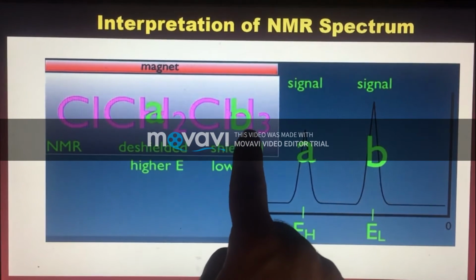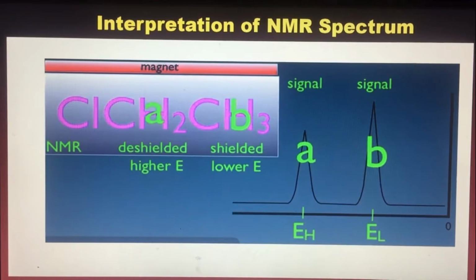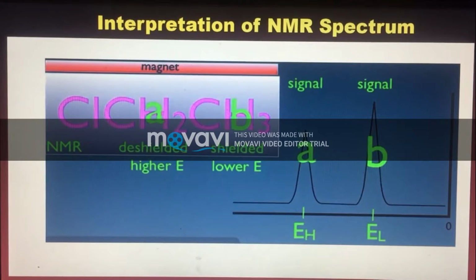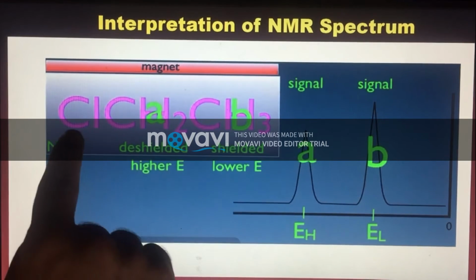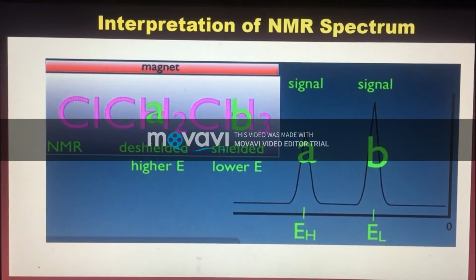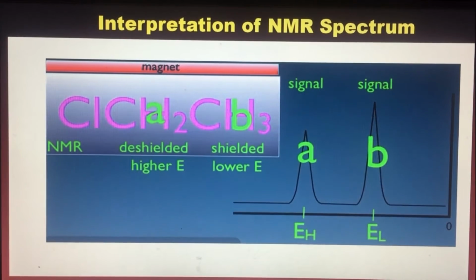But in case of this hydrogen, because electronegativity is a local effect, what does that mean? That means it will not affect the atom that is farther away. So this atom right here, say B, is far away from this chlorine. That's why this is shielded by electrons. Okay, so lower energy is required.